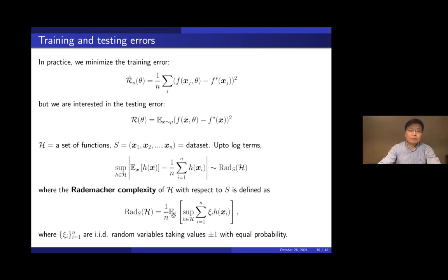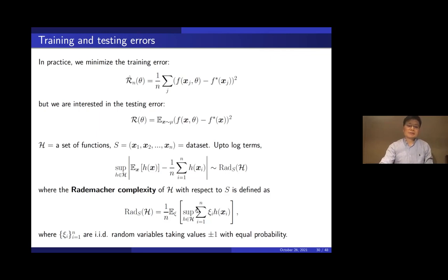Remember, we want this to be like 1 over square root of n, because the difference of the two is the quantity we're interested in, and the best we can hope for is something like 1 over square root of n.